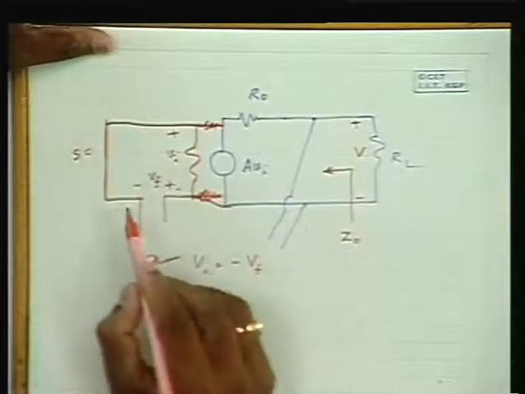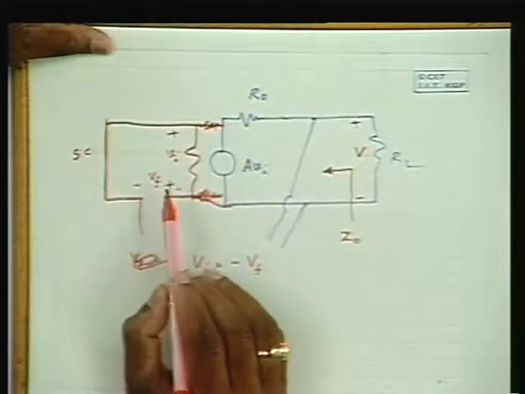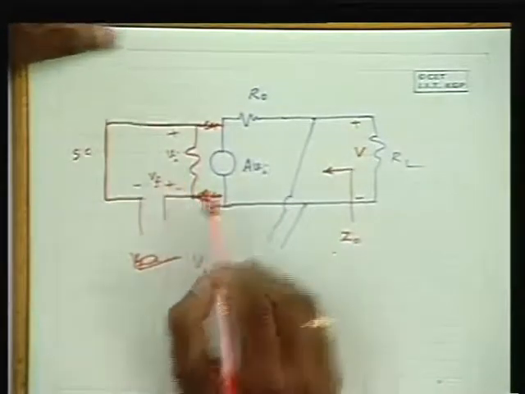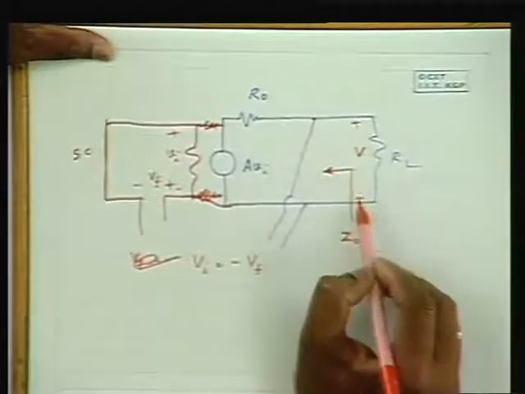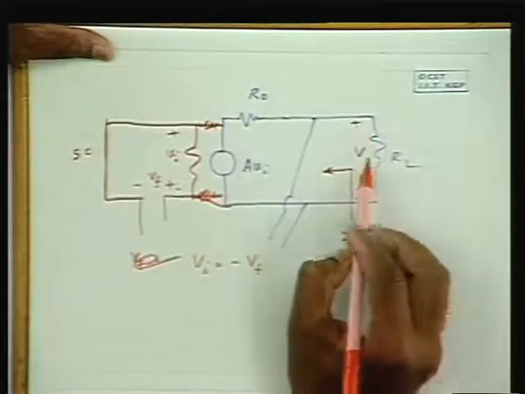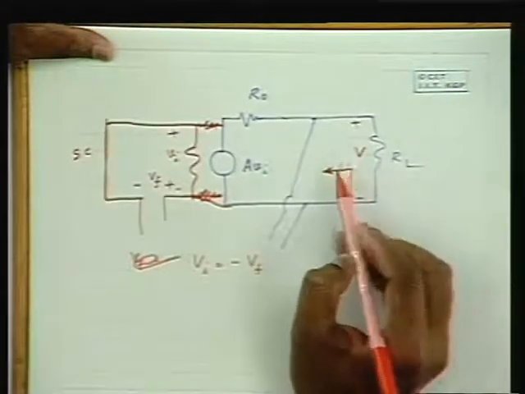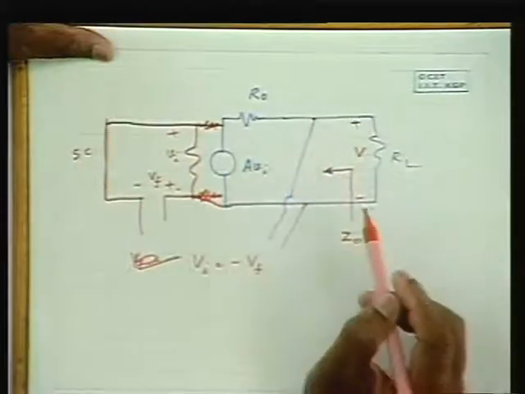Although the input is replaced by a short circuit, because of the feedback voltage, some voltage appears across this, and A times this Vi is the output voltage, and when you drive the output by a voltage V, because of the influence of this, the current gets manipulated.